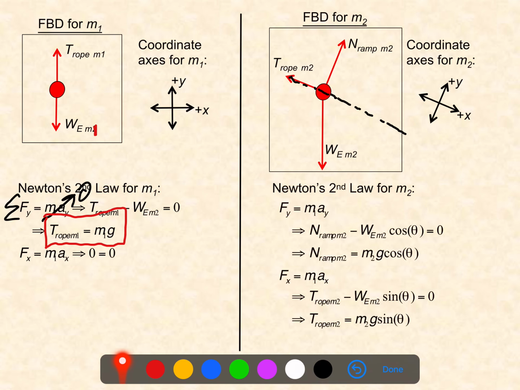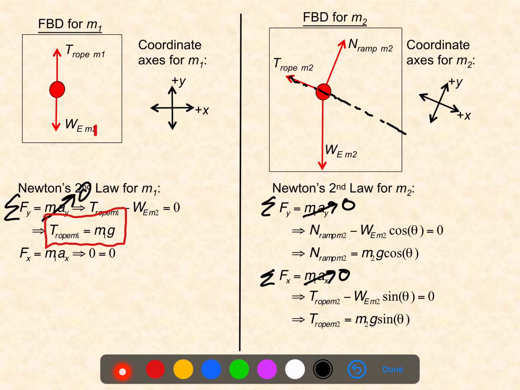So if I apply Newton's second law to this mass and sum my forces in the x and y direction, setting those equal to mass times acceleration, where acceleration is equal to 0 in both directions. Then I get the normal force.